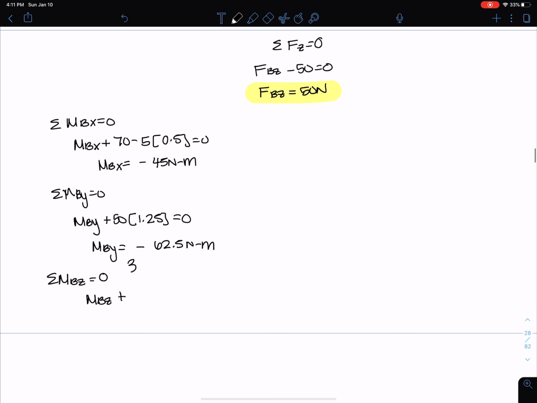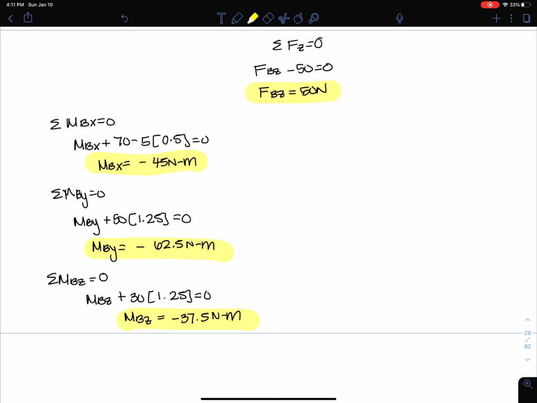I have 30 times 1.25 equals 0, and I get MBZ equals negative 37.5 Newton meters.